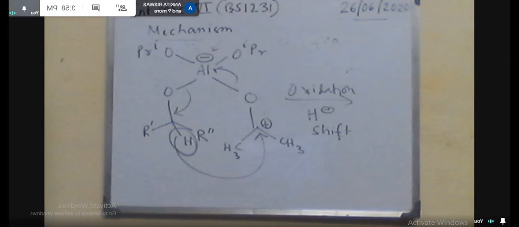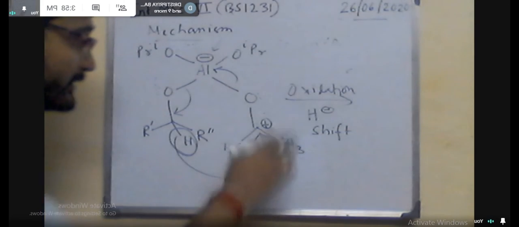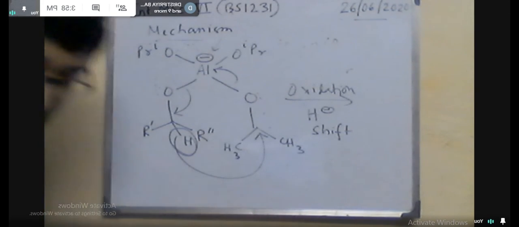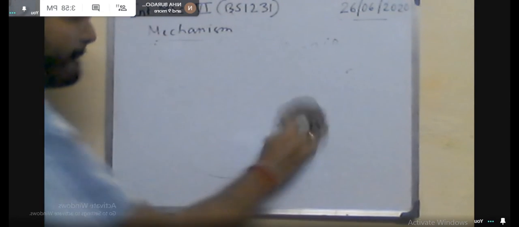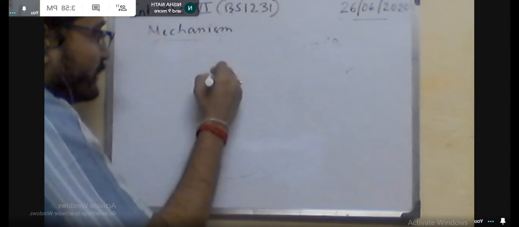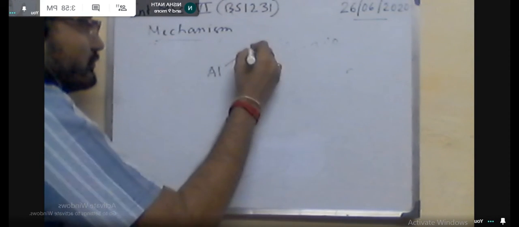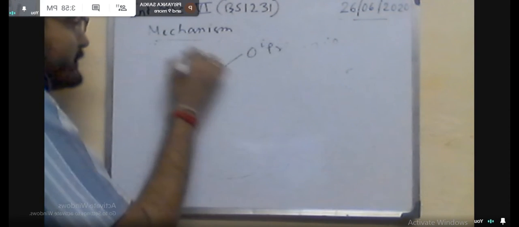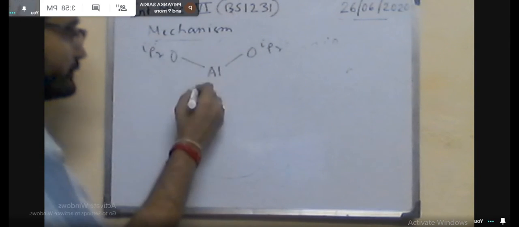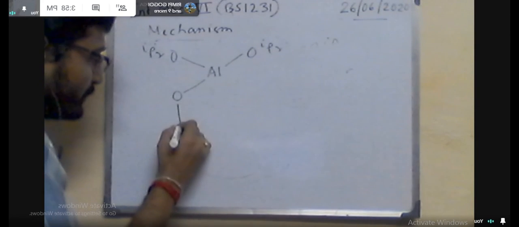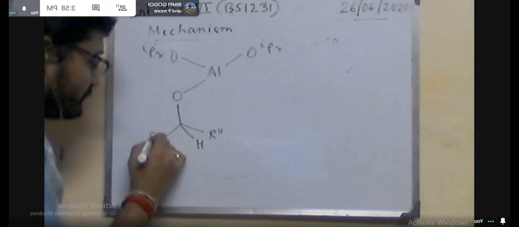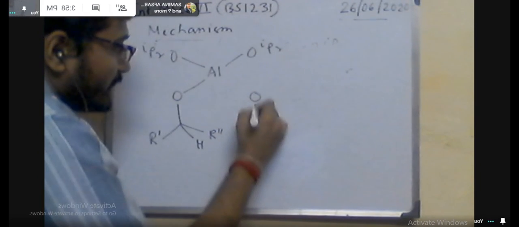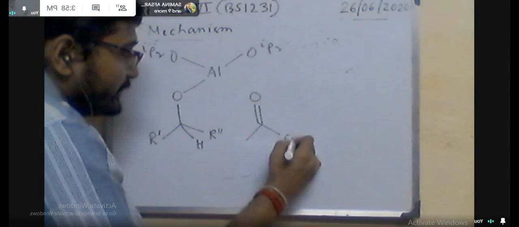Here is the formation of the new carbon oxygen double bond. This is the R double prime R prime. Similarly, breaking of the carbon hydrogen bond, this carbon hydrogen bond is breaking. Now here is the formation of the carbon hydrogen bond between this carbonyl carbon and the hydrogen, breaking of the carbon oxygen double bond, and here is the formation of the carbon oxygen single bond.